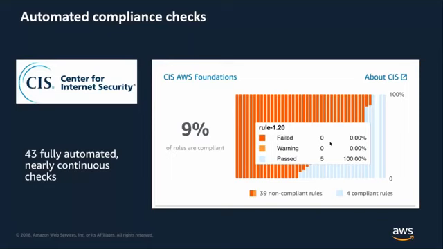Failed means simply that there was evidence that that particular rule wasn't satisfied based on our config checks. Warning means that something isn't configured properly. So that might be that you haven't properly set up AWS Config yet, which is a dependency for a number of our compliance checks.